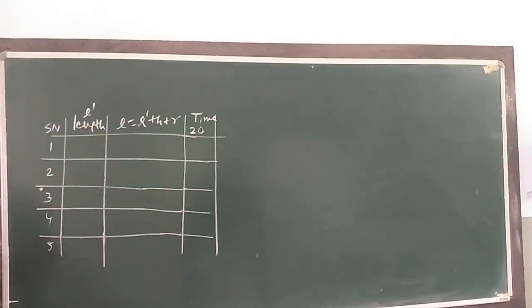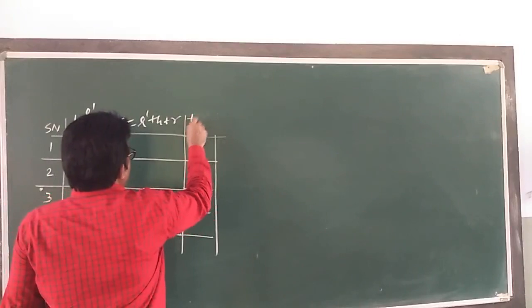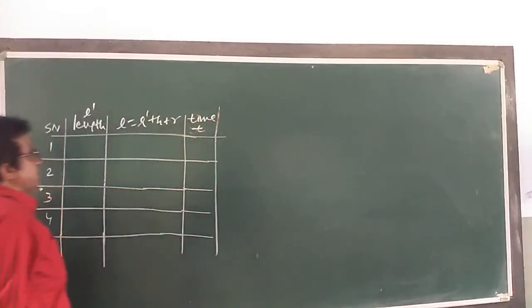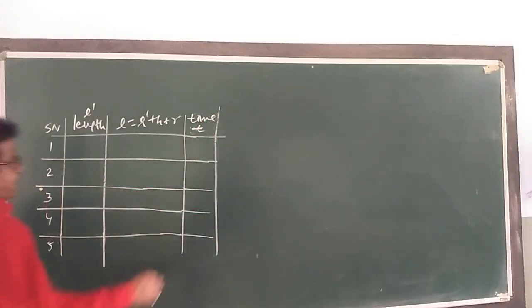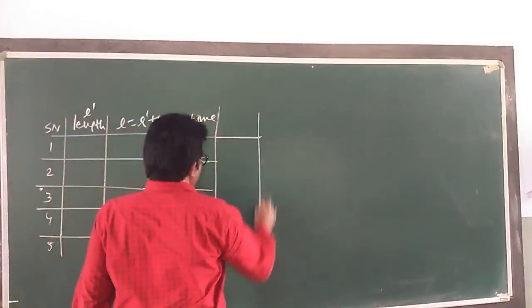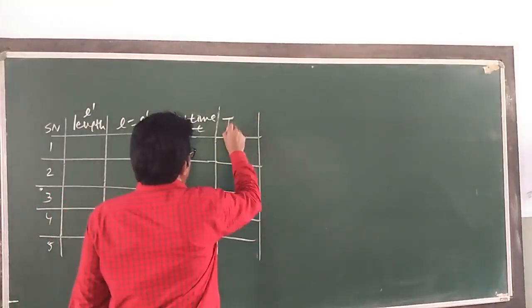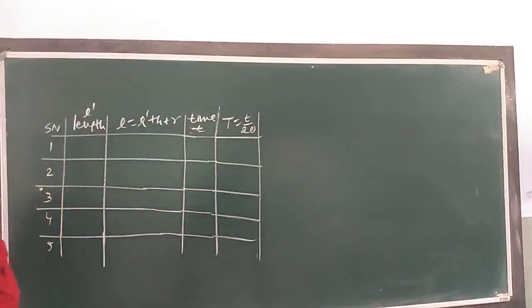Then here first you write the time taken in 20 vibrations. Time T is there, then time period here. Fourth one is time period, that is T by 20. For 20 vibrations the time period you can find out.